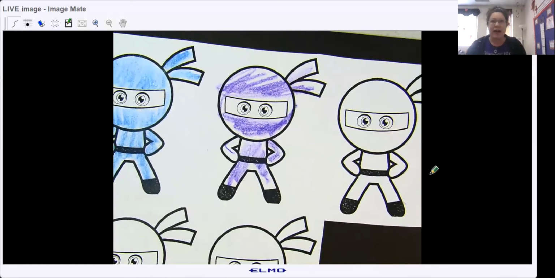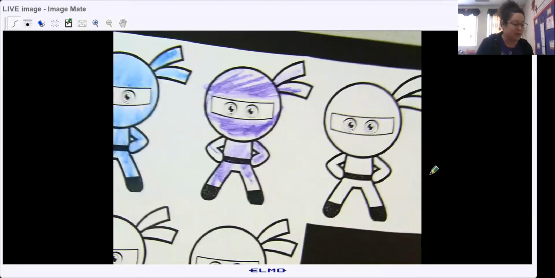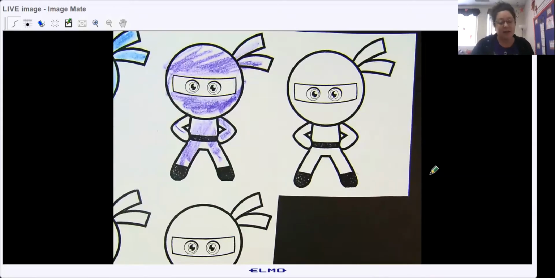If you did not get 70% or higher to earn your belt, remember, you go back, you review the questions that you missed with mom and dad. I trust you to be honest, and then you can color in. After you review them and you understand them, then you get to color in your next ninja belt. So everybody, today your belt, 70% or higher, excuse me, is red. Your next ninja belt is red.